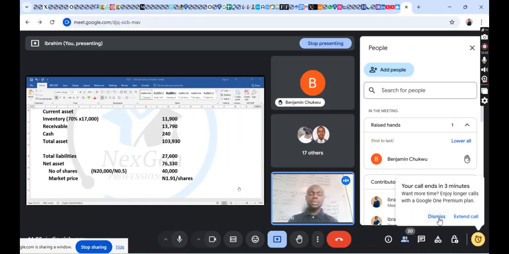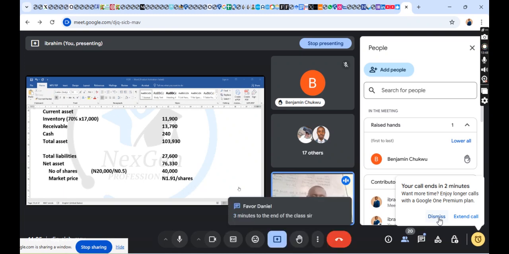You are preparing an account. Let's quickly go to IAS 16. IAS 16 will be measured at cost or revaluation. You see, when they say cost, it's historical cost. What is historical cost? It's the cost you used in buying that asset.